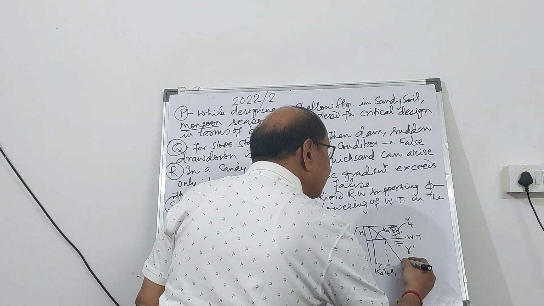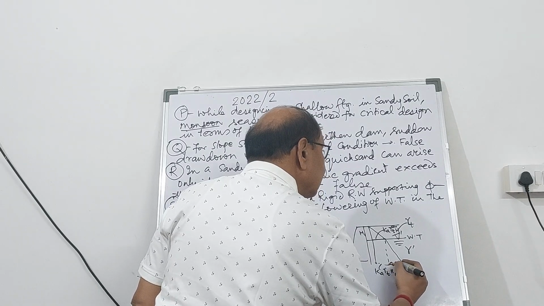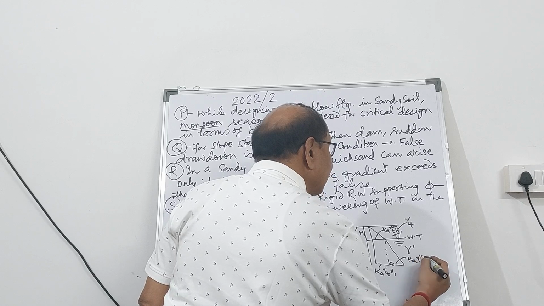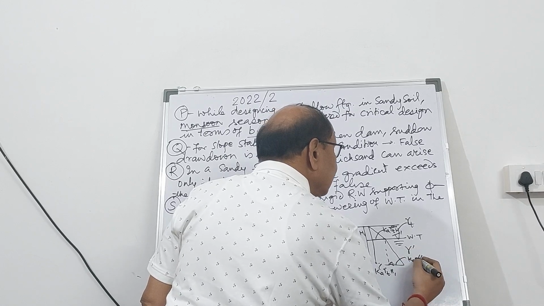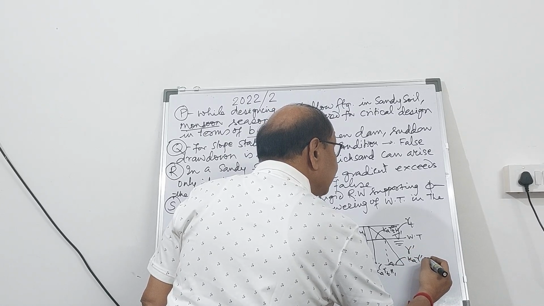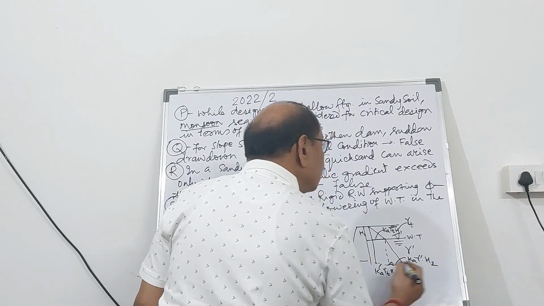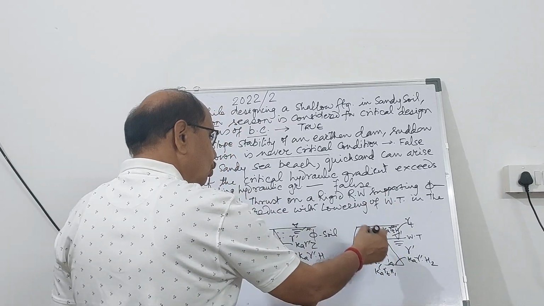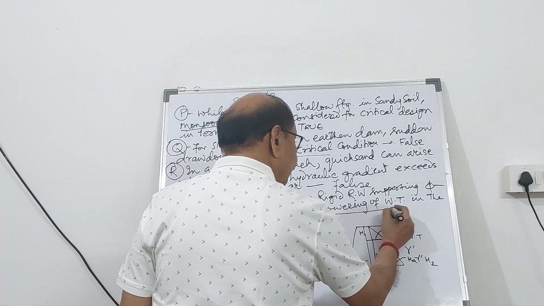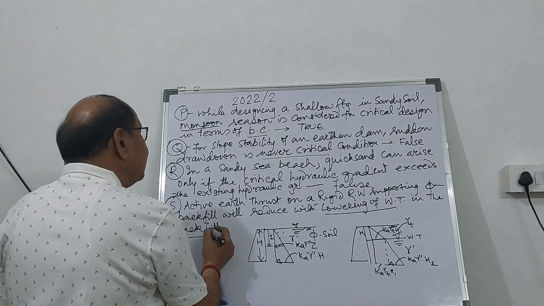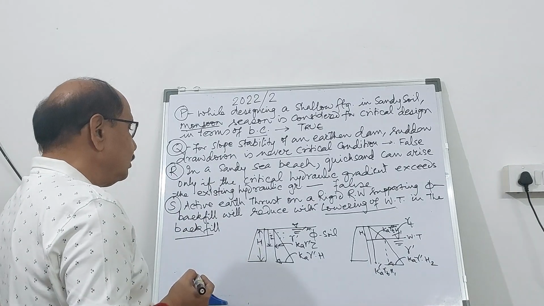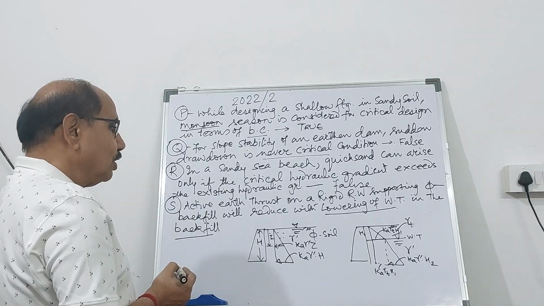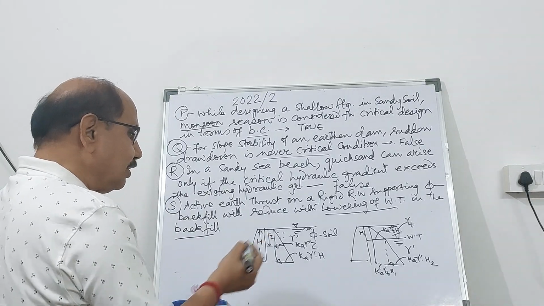So from here, this pressure will be K times gamma prime now, because it is now gamma prime into, let's say, this height is H2. So now you see, because of the lowering of water table in the backfill, what's happening to the active earth thrust? Is it reducing or it is increasing?